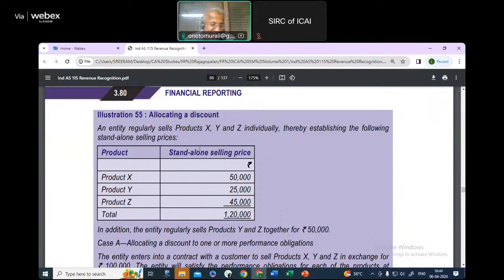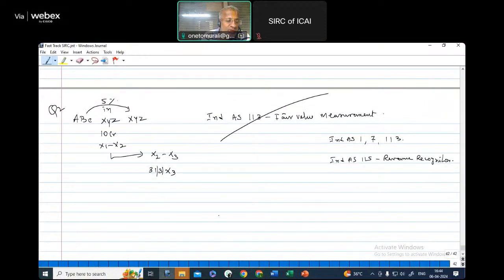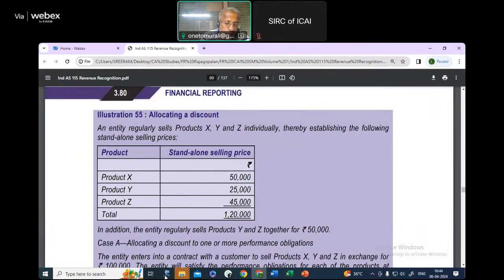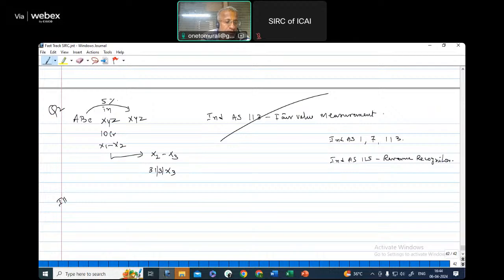So how do we allocate the combined price for individual items? Standalone prices they have given. So it is on illustration number 55 of Ind AS 115.